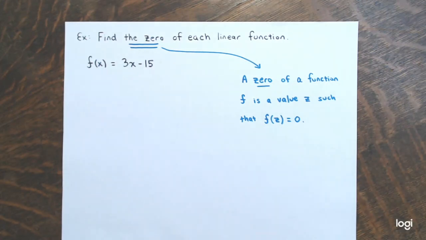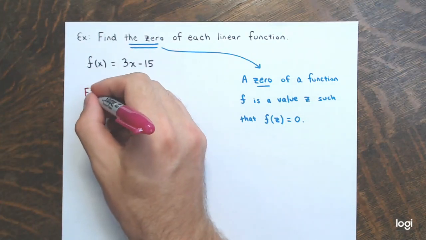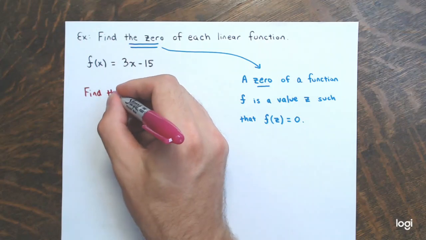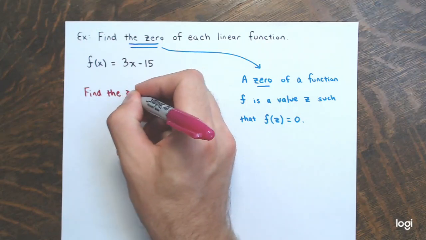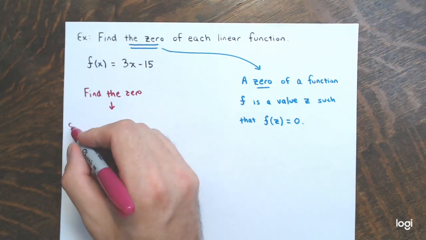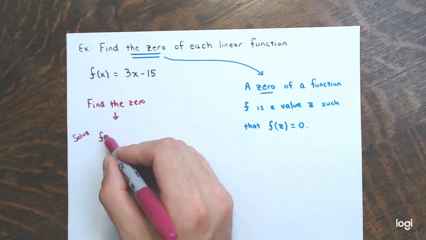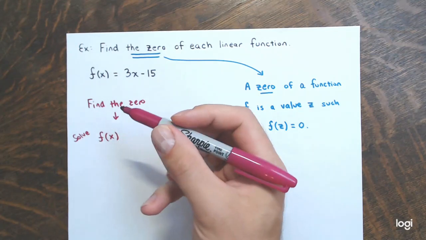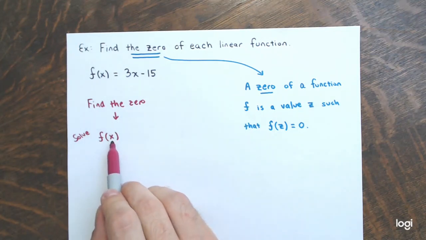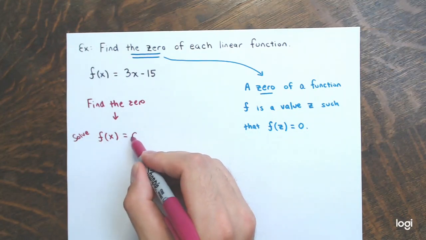Okay, so for this function, f of x equals 3x minus 15, when I'm asked to find the 0, all that means is solve this equation. What value of x, what input can I plug in to give me an output of 0?